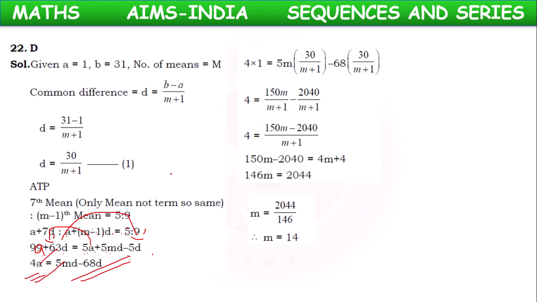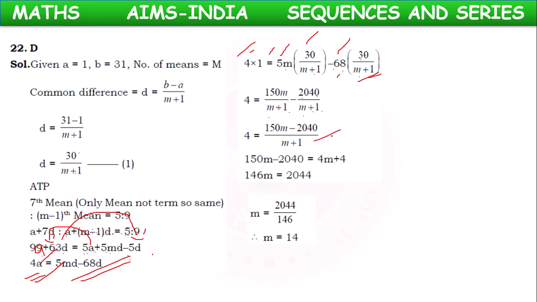But a value is 1, so 4 into 1, and d value is 30 by m plus 1. So 5 into m into 30 by m plus 1 minus 68 into 30 by m plus 1. We can substitute values. 5 into 30, 150m by m plus 1, minus 68 into 30, 2040 by m plus 1.